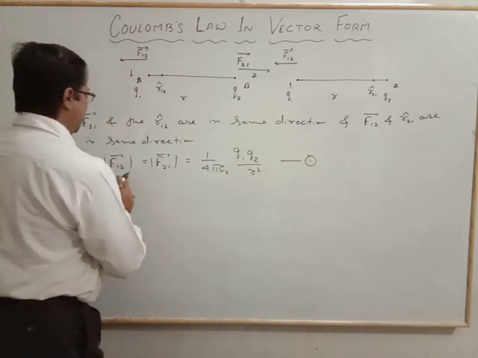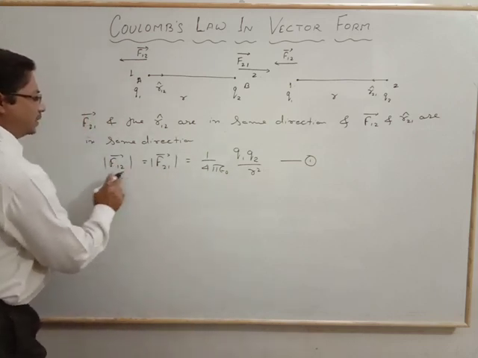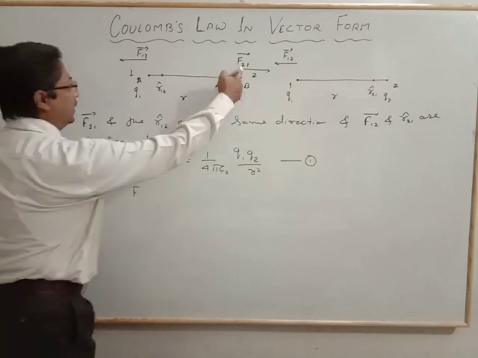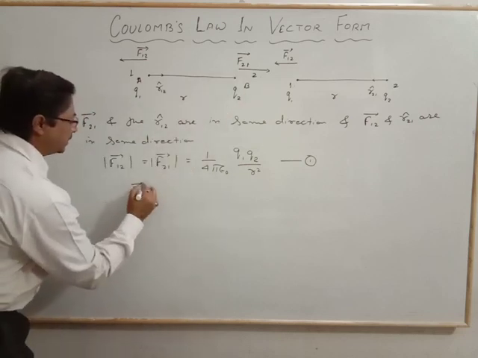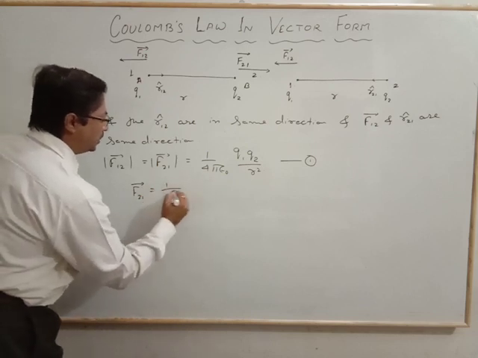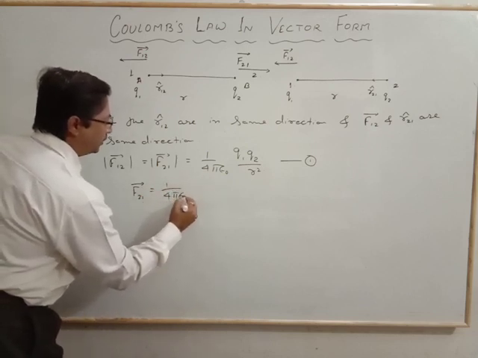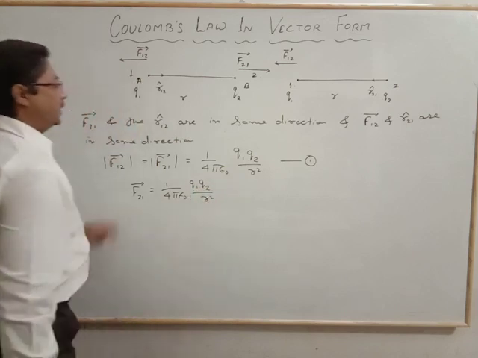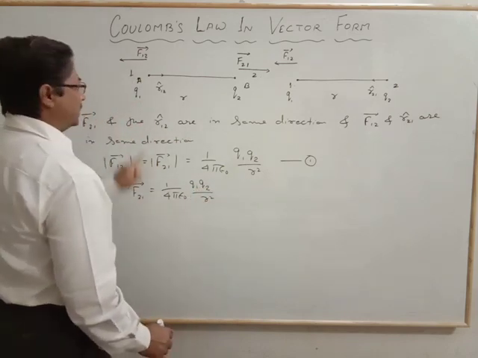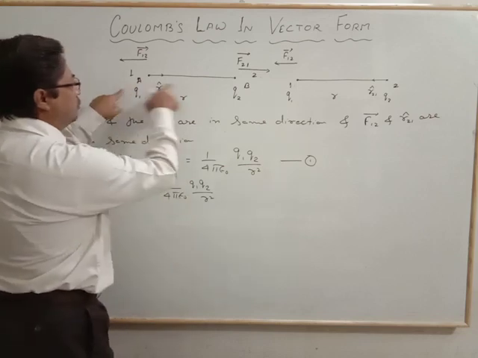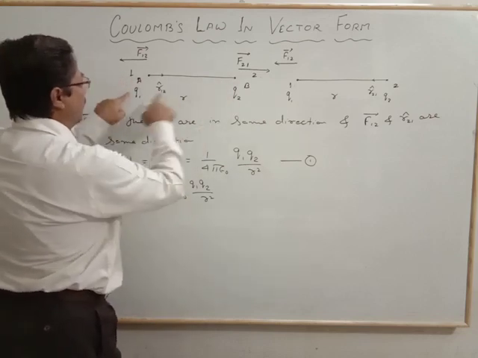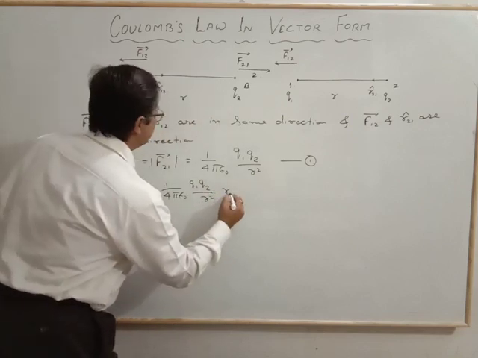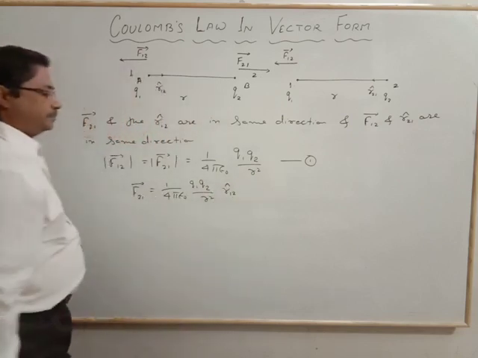Now if we represent either of these forces, let's suppose F21 vector is equal to the magnitude 1 by 4 pi epsilon naught Q1 Q2 by R square, and the direction for the vector is from A to B, or from 1 to 2, or from Q1 to Q2, that has the unit position vector R12 unit vector.